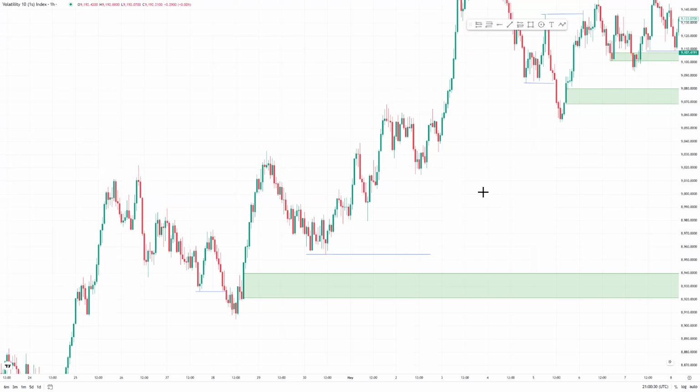Then you see results. If you look at this structure here too, you can see this is a good pullback. Price gave a good pullback here. You have a buy side, sell side liquidity taking out. You have price giving you pullback here, and you have your zone here, which is order block. This is another zone.